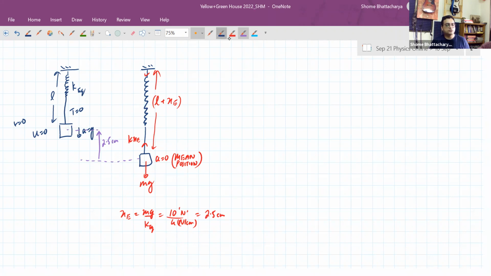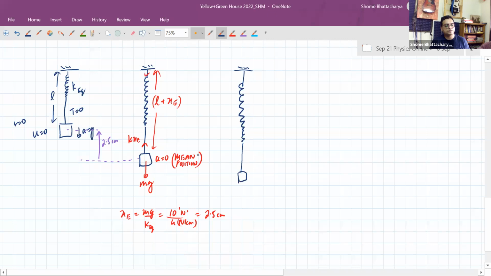So ultimately, that will become your amplitude. Now it depends on what we are taking as our SHM term. If we are taking the downward displacement as the SHM term, then the initial position will be written with a negative sign. In general, if we take the downward direction as our y-axis, and this is our y equal to 0 position, then when it's here, it is at L plus x, where x is equal to the equilibrium position plus y.